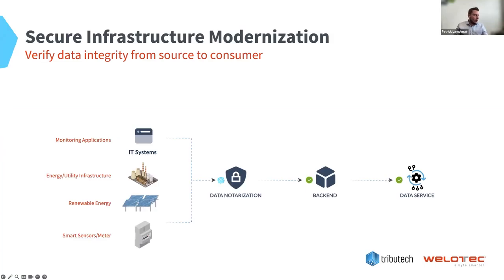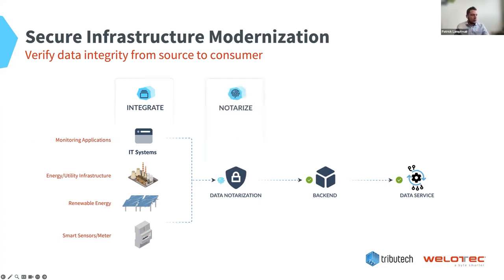And with our platform, we offer a solution for data integrity verification from source to consumer, which can be used to integrate different kinds of systems, starting from smart sensors to OT infrastructure and IT applications.